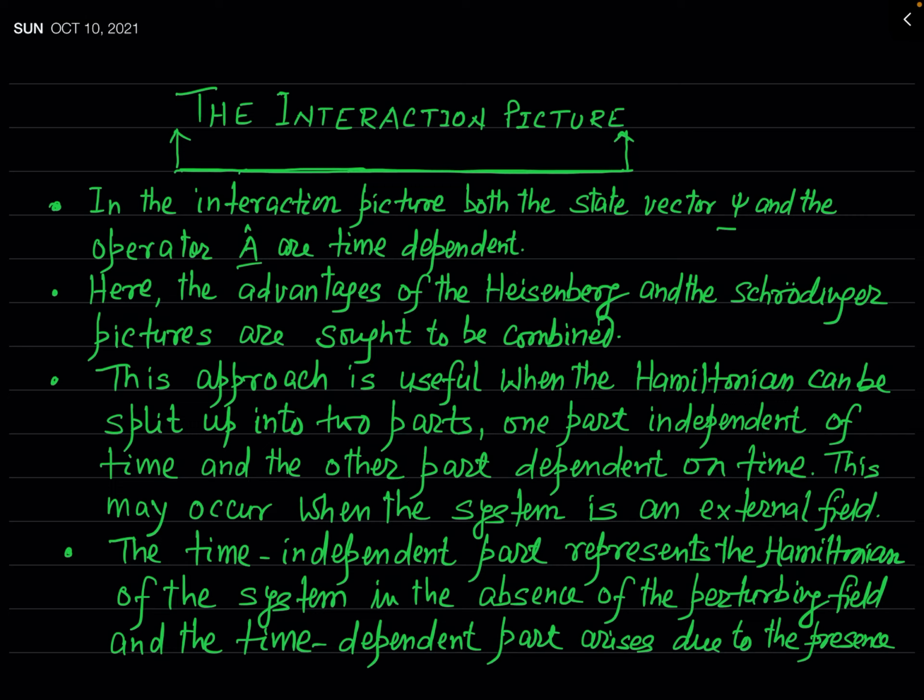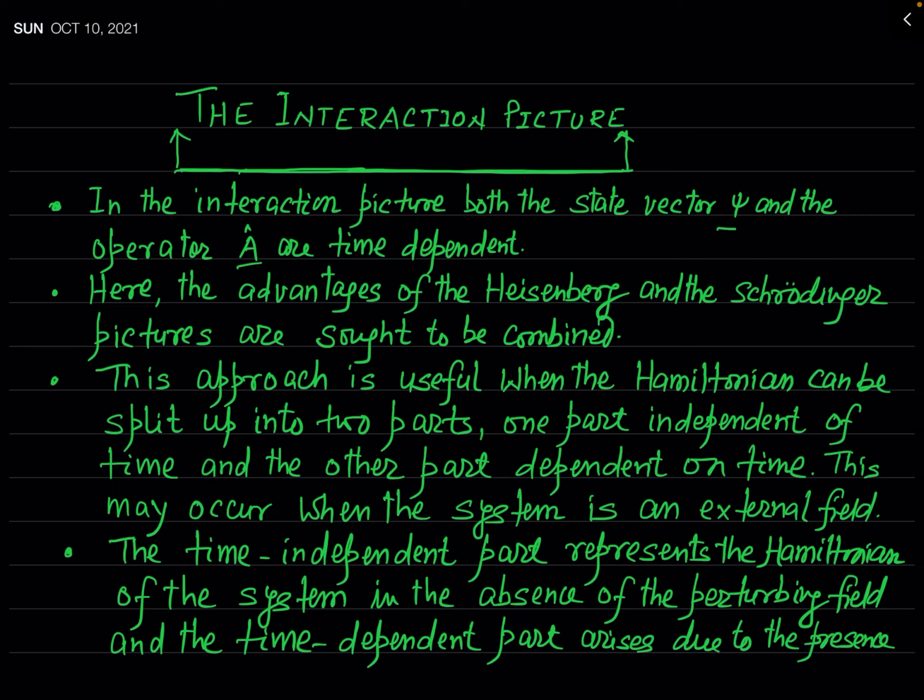In fact, it is seen that this approach is very useful when the Hamiltonian can be split up into two parts. The first part is independent of time and the other part is time dependent. And this situation is actually found when our system is in an external field, as I have told you earlier.